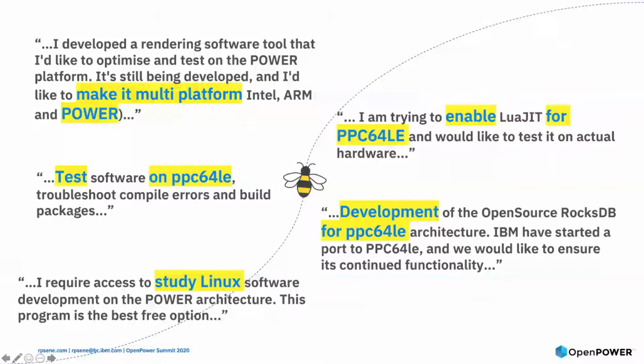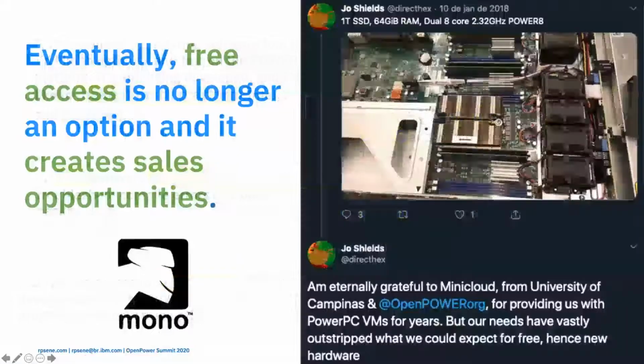For us, it's good to offer this kind of free access, because free access at some point can generate some revenue. This is an old example, but it is a good example that when we give access to those who really need access to try Power, at some point they understand that the free resources are no longer available, and they need their own infrastructure.